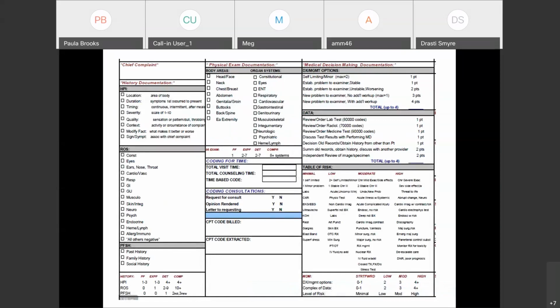You either have a problem-focused, an expanded problem-focused, a detailed, or a comprehensive. Medical decision-making is 2 out of 3. So 2 of the 3 areas of medical decision-making are needed to determine your level of medical decision-making. That's broken down by your diagnosis management options, your data reviewed, and your risk.